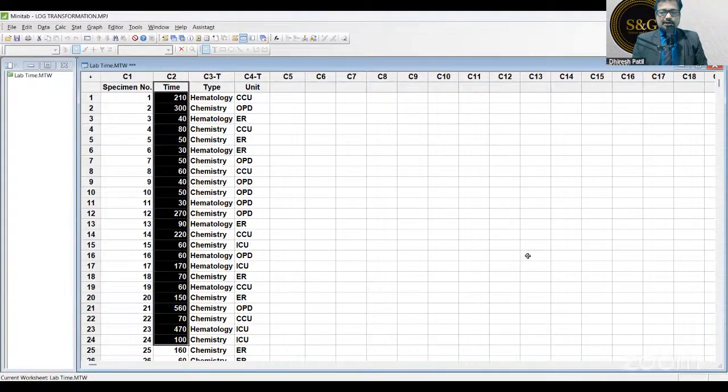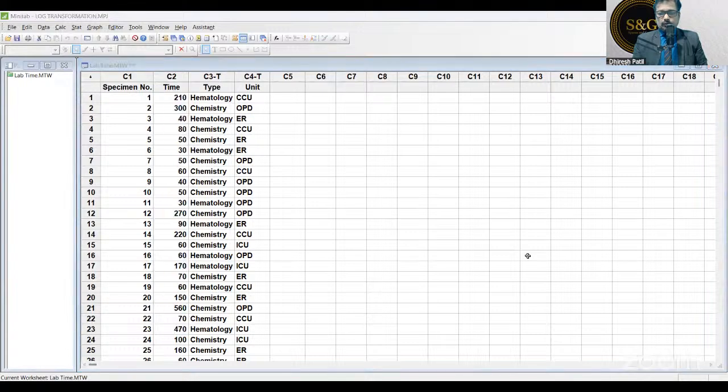Can you just download this one? I'll help you out once again. I'm sharing the file once again, called log transformation. Now just click on the file which I've just shared with you. Once you download and open that file, you will get this data: specimen number, time, type, unit, etc. Once you open it, let me know.